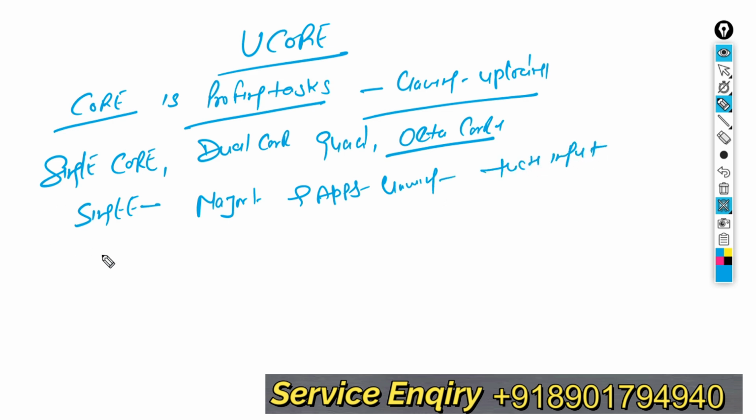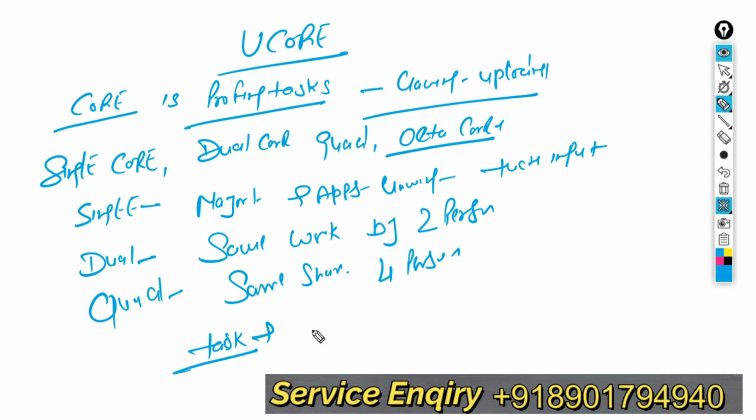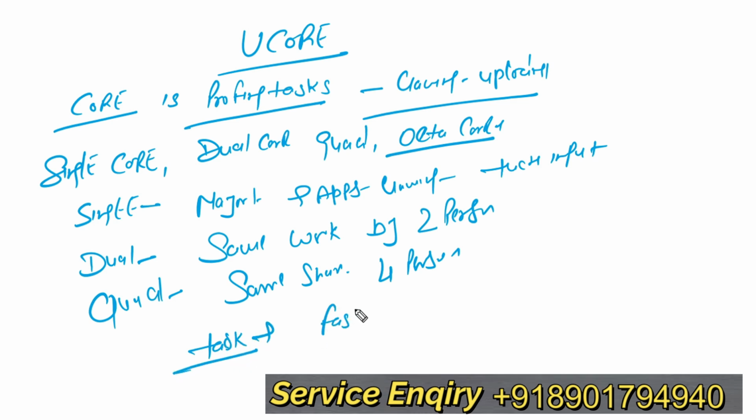On the other hand, if you get a dual core, the same work is done by two persons. In a quad core, the same work is shared by four persons. So whatever task, it is much faster and smoother.